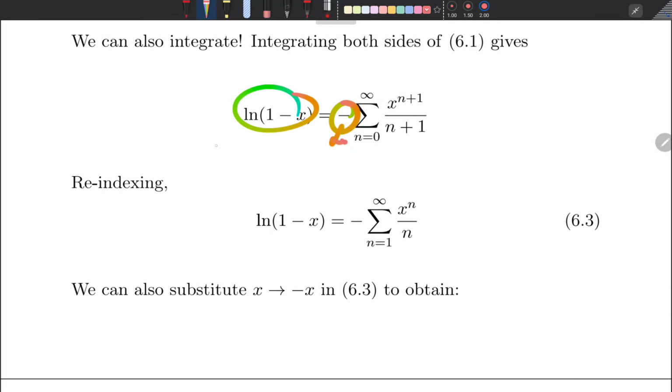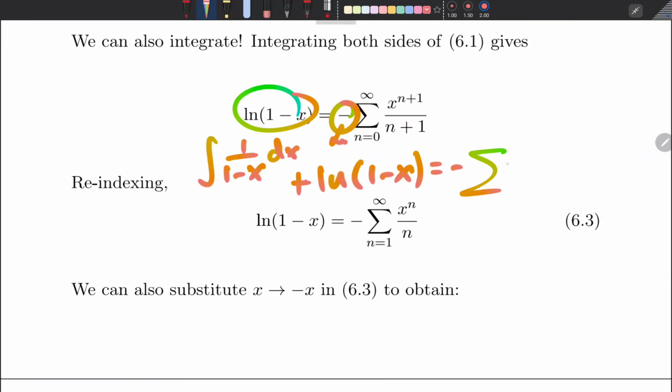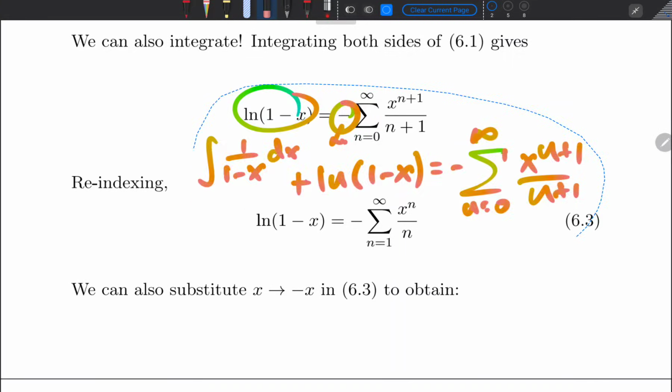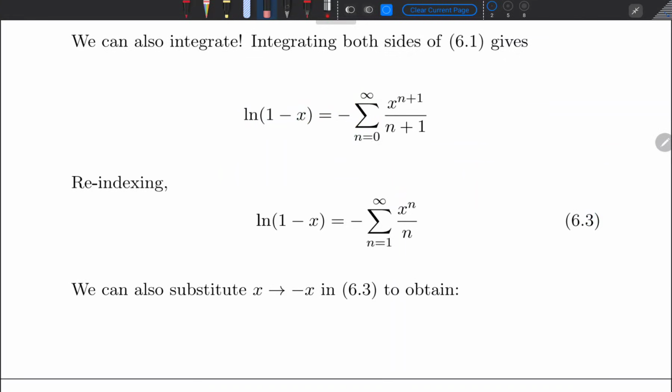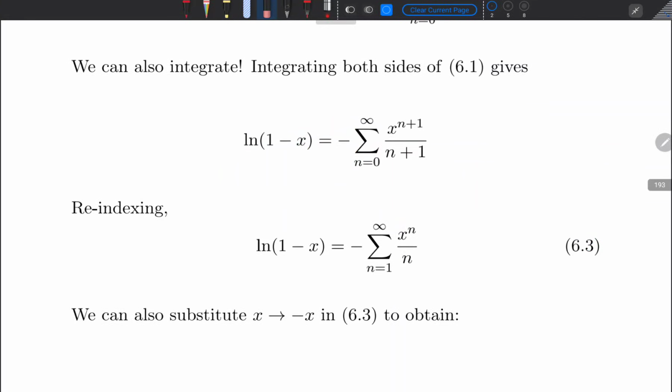When you integrate 1 over 1 minus x dx, after integrating it you have minus the natural logarithm of 1 minus x. So we can just multiply both sides with minus 1 to get rid of this, and that's why we have the minus as n goes from 0 to infinity of x to the n plus 1 over n plus 1. I hope this is clear to you.